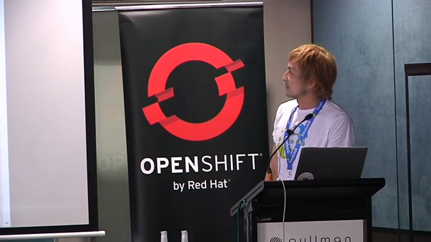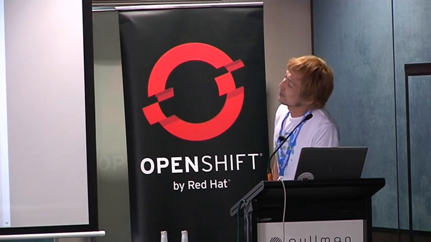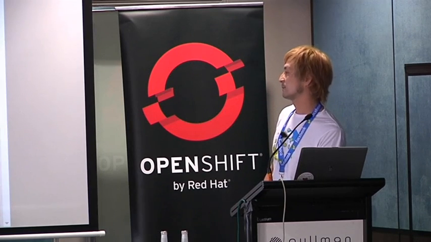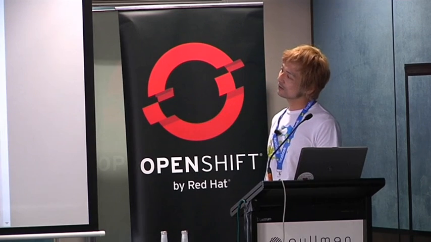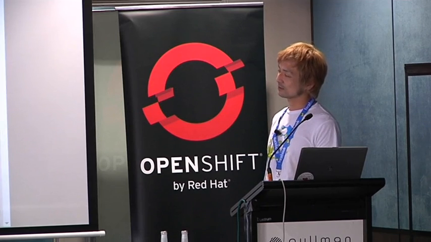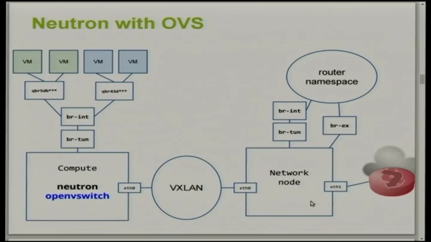Because the Neutron reference implementation uses OVS, OVS naturally provides the L2 connectivity. We compute whatever is necessary, the datapaths and flows, and install them in OVS in the kernel, and it does the basic L2 connectivity.